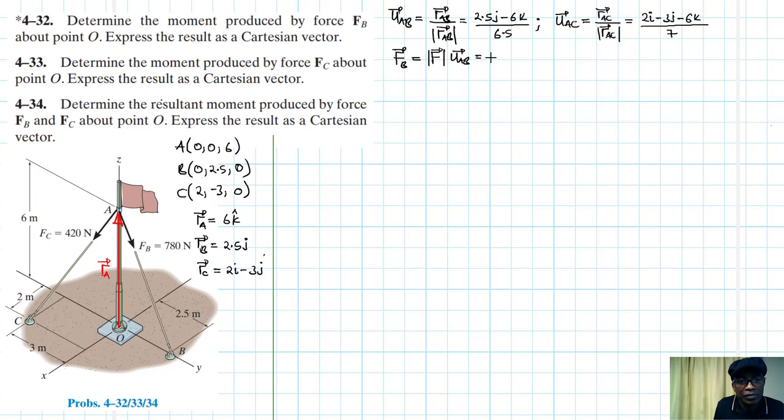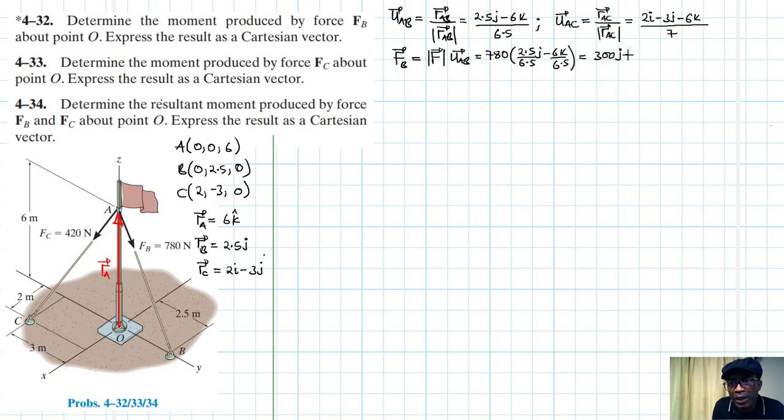This is equal to 780 times the unit vector: 2.5 divided by 6.5 J minus 6K divided by 6.5. Let's multiply 2.5 divided by 6.5 times 780. This gives us 300J.